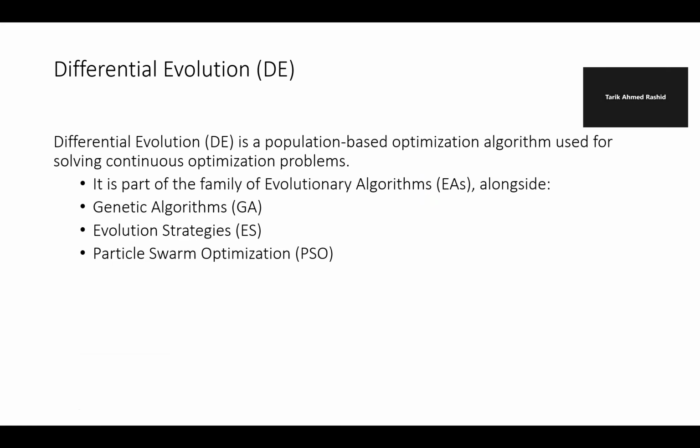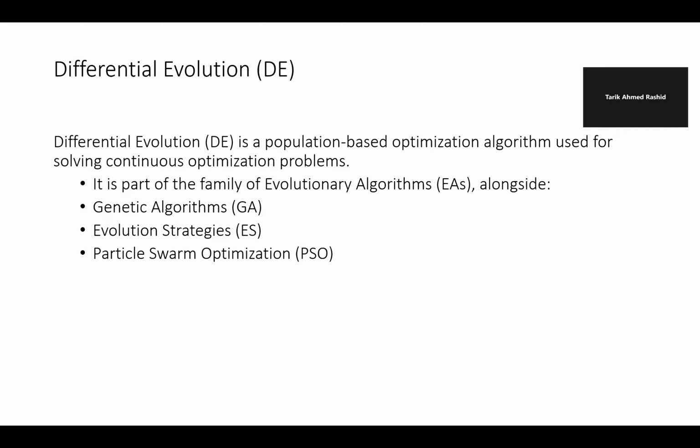Now, DE is a population-based optimization algorithm implemented for solving continuous optimization problems. This algorithm is considered to be part of the evolutionary algorithms, EAs, alongside the genetic algorithm.